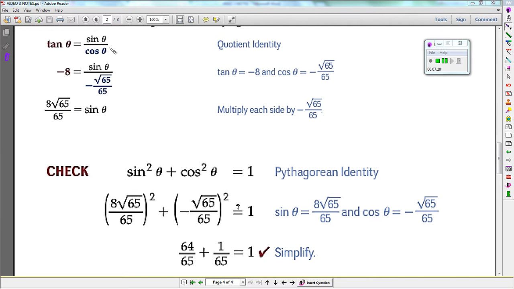So we have tangent is sine over cosine, which is the cosine identity, and we substitute tangent for negative 8. And we also substitute cosine for negative square root of 65 over 65, so that we can solve for sine. So now to solve for sine, we are going to multiply both sides by the negative square root of 65 over 65.